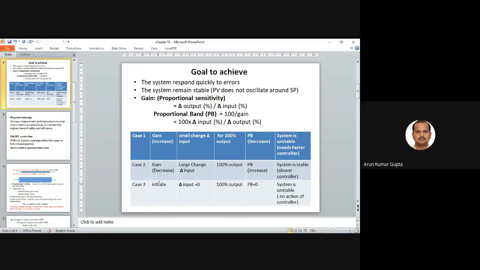Case 3, let's say if gain is infinite. Infinite means there is no input. When no input, gain is infinite, band is zero. Band is zero means there is only a single line, the set point. You can say system is unstable, no action of controller. So this is an extreme case we can also define.